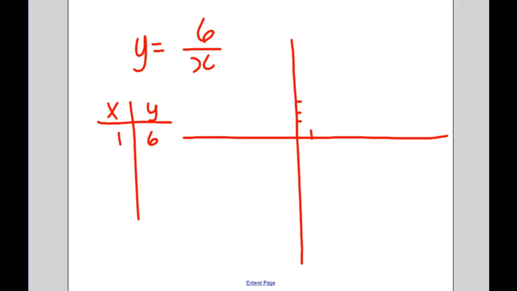Then say I had my x as 2. 6 divided by 2 is 3, so my y would be 3. So when I'm 2 over, I'm 3 up. And then what if I had my x as 6? Then my y would be 6 divided by 6, which is 1.